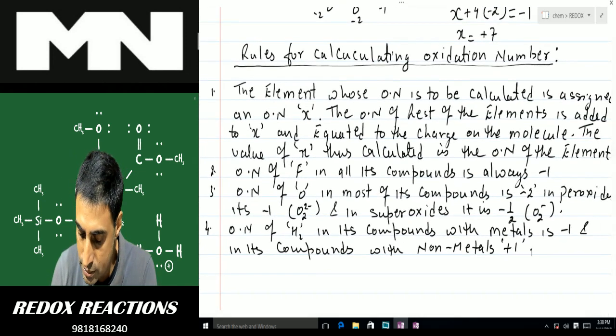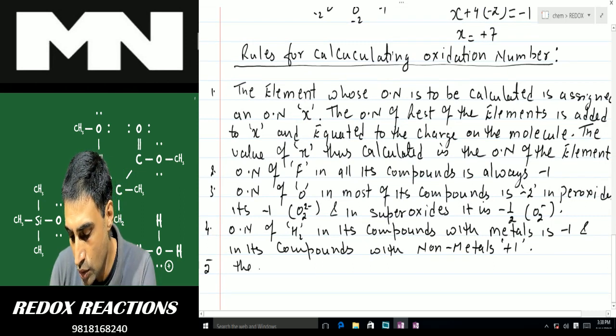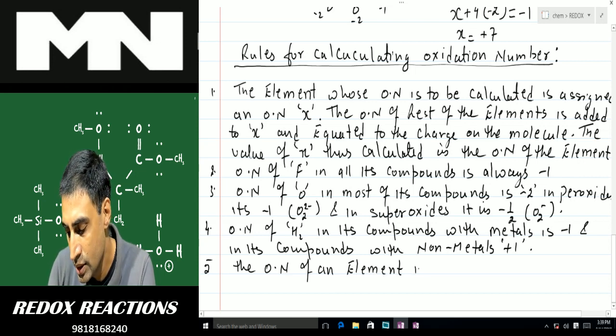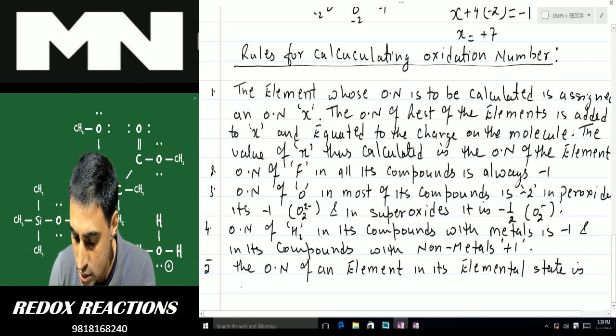Next, the oxidation number of an element in its elemental state is 0.